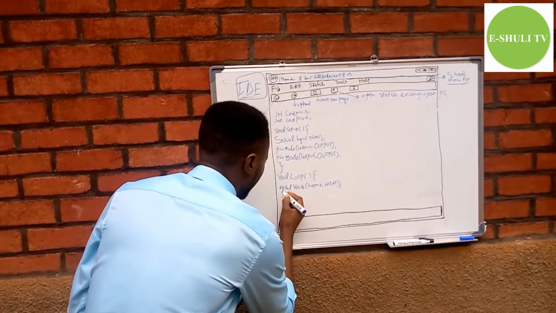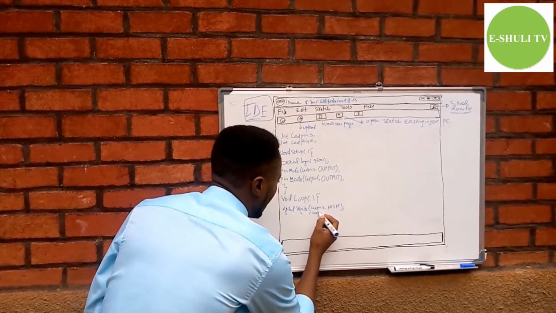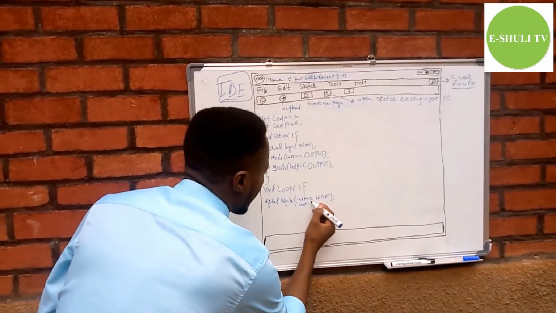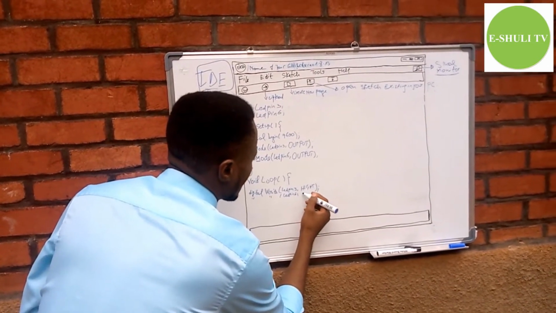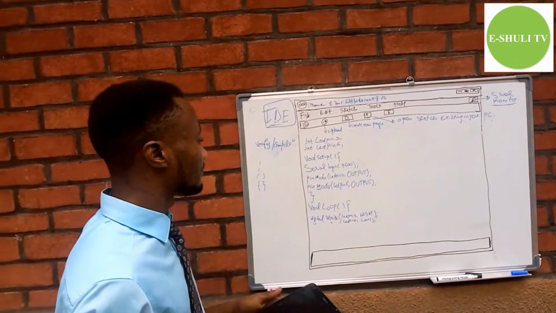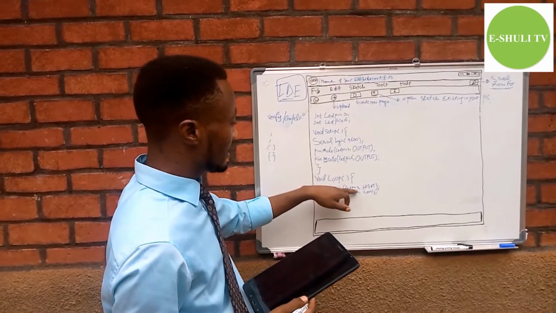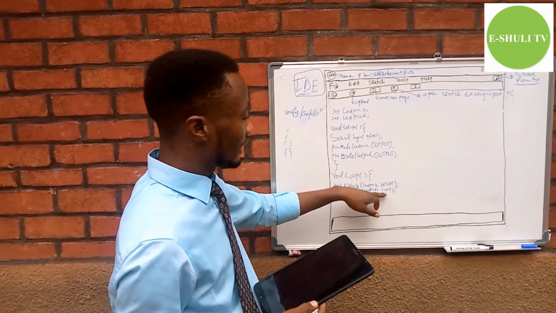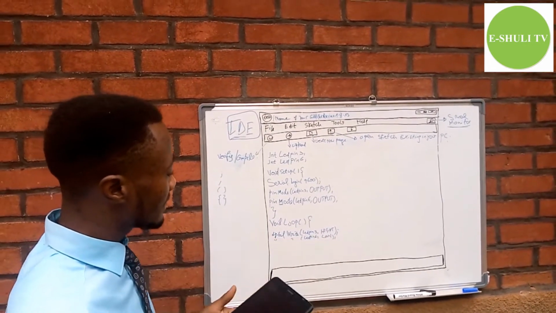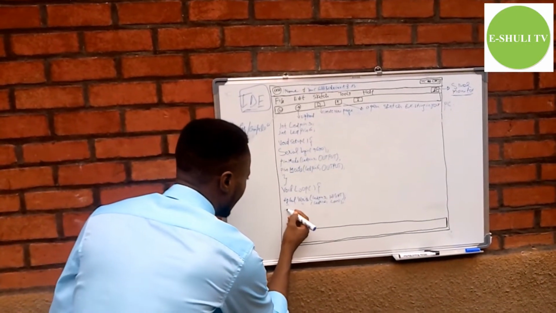Then digitalWrite, red pin 6 LOW. You see, this red pin 3 will be HIGH while red pin 6 will be LOW. That means this condition will take a certain delay.